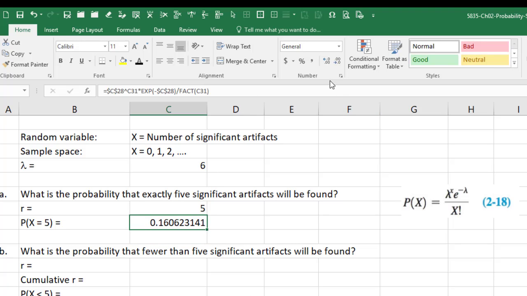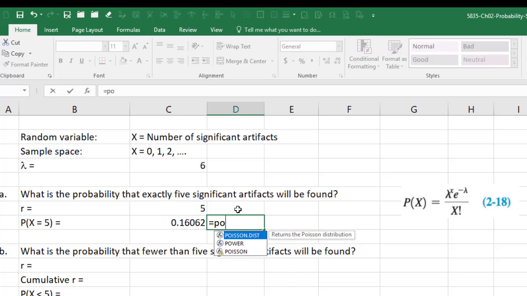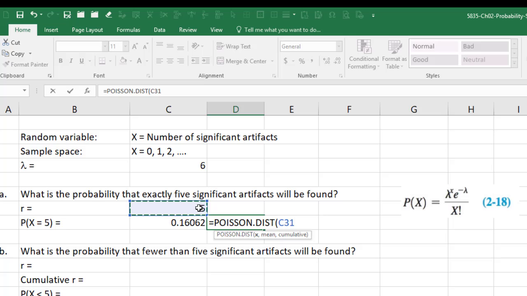Now, of course, Excel has a Poisson function as well, so you don't have to use the formula. You can directly use the function POISSON.DIST. Don't use the legacy function. The first item is the number of successes, so that's that one, and then the mean.